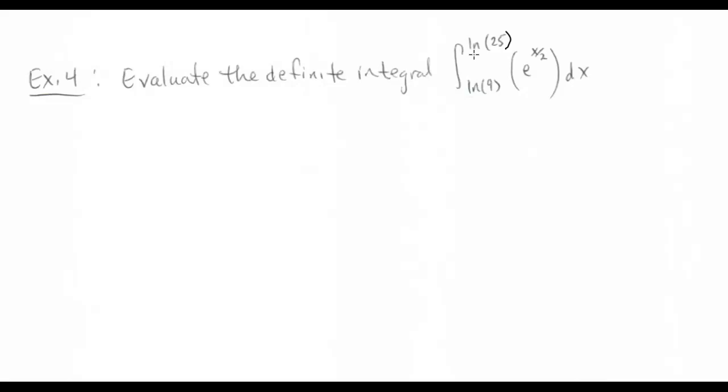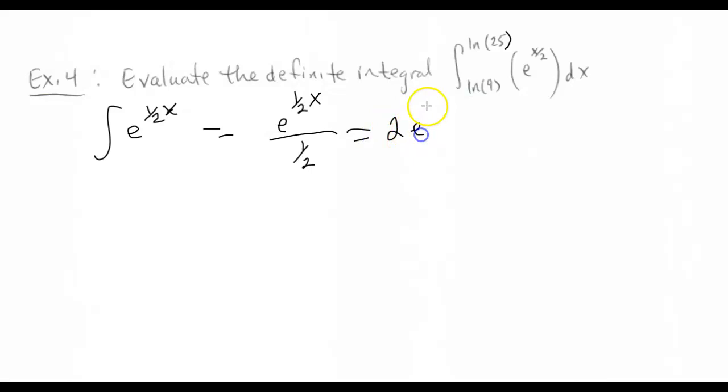So here, again, technically we would be doing substitution, but it's really not necessary to go through those steps. And I say that because we know that the antiderivative of e raised to the 1/2 x in general is just going to be e raised to the 1/2 x divided by 1/2, which is the same as saying 2 times e raised to the 1/2 x.